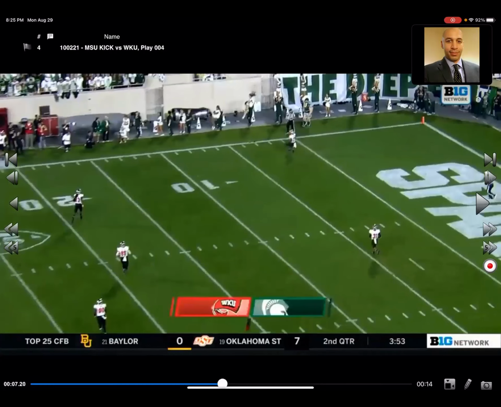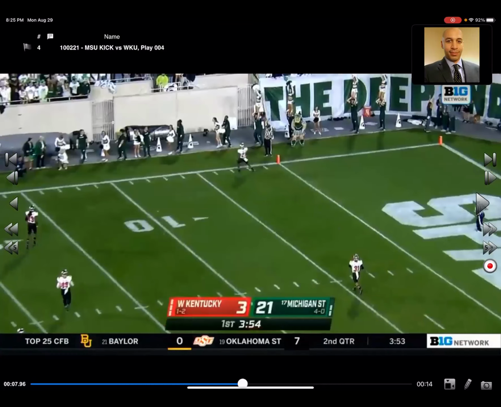Something goes out of bounds. Did it go over the pylon? Did it not? Is it in the field? We can't help you on that. It's non-reviewable, so relying on the guys on the crew to get it right. And we will see the ball bounce like this. You guys may see it this weekend. It does happen. I'm going to go to the end zone shot of this.